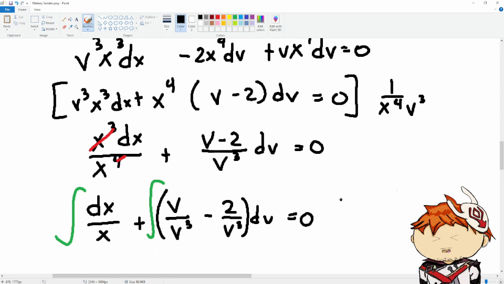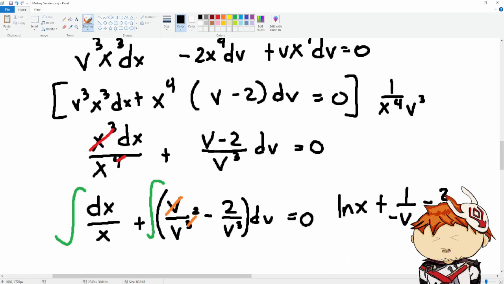This will become ln x. Now we cancel the v, so that becomes squared. Plus 1 over v squared becomes negative 1 over v, right?